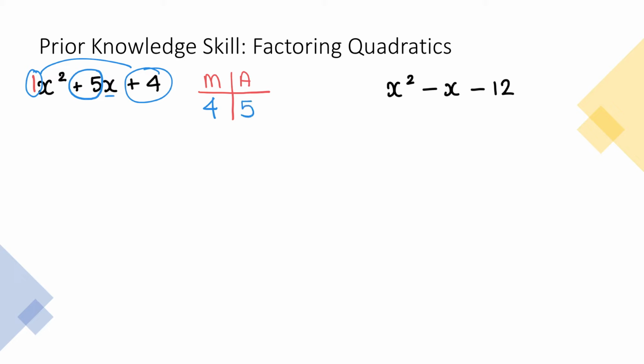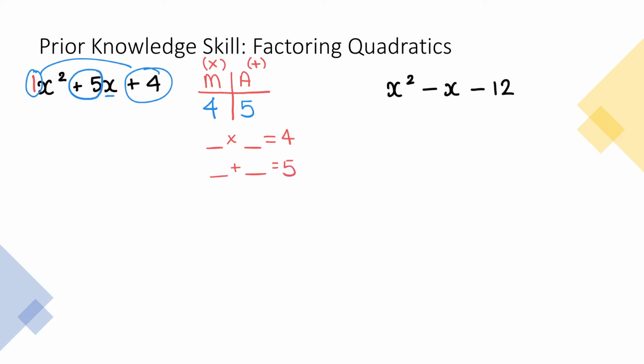And then why I have M and A is because M is going to stand for my multiplication, and A is going to stand for addition. So the idea is we want to think of two numbers that will multiply to 4, and the same two numbers that could add to 5.